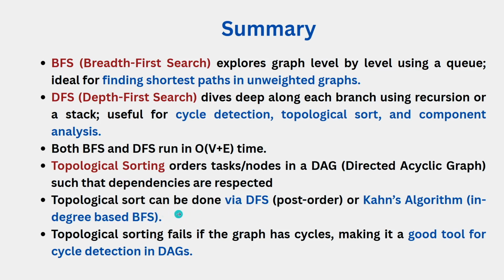And topological sorting can be done via two approaches. One is the DFS approach and the other one is the in degree based approach, which I explained with the previous slides and examples. DFS is based on post order, and the in degree based approach is also called Kahn's algorithm.